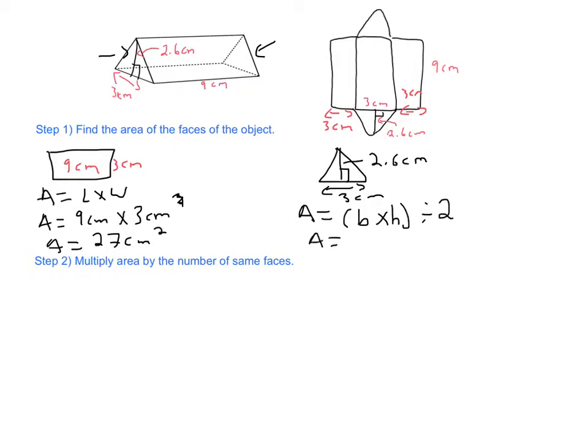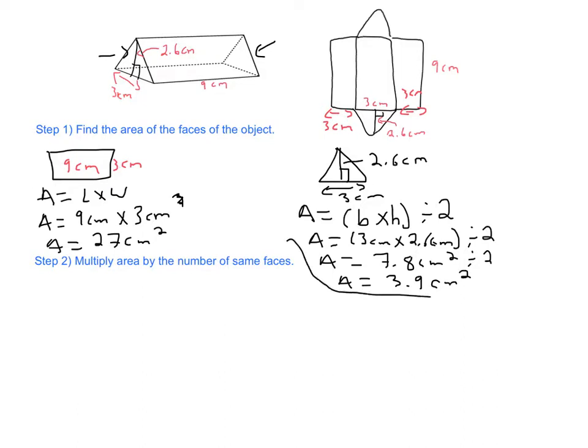So in this case, our base times our height was 3 centimeters times 2.6 centimeters, divided by 2, which, when we do all the math there, makes it 7.8 centimeters squared divided by 2, which gives us an area of 3.9 centimeters squared. Now I'm just going to keep this up here.